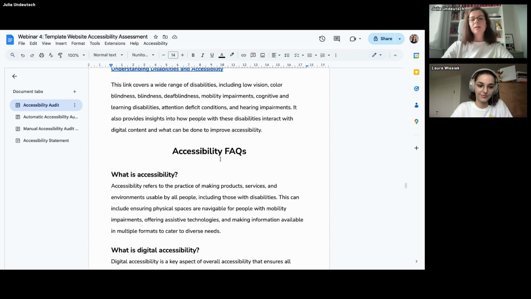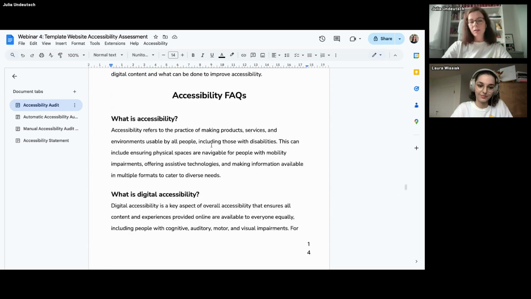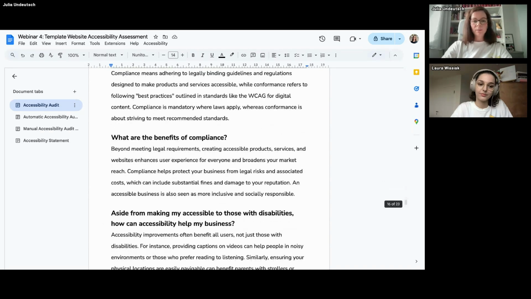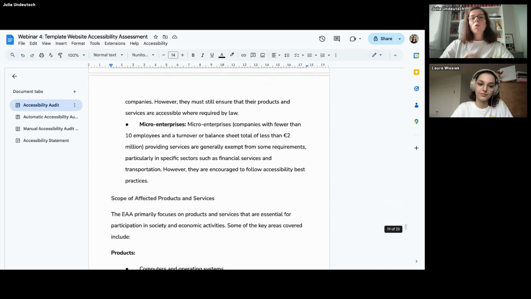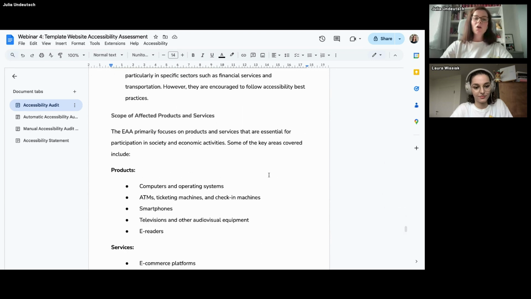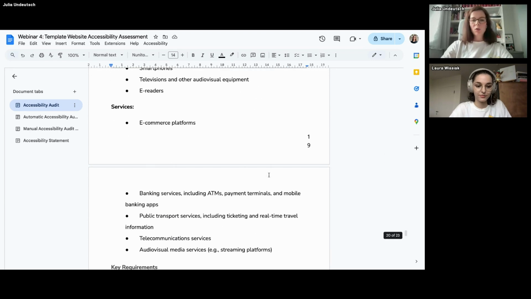And then some accessibility FAQs: what is accessibility, digital accessibility, and such. This is all overall information about accessibility, web accessibility, and certain disabilities for my client to better understand what's going on in the document.